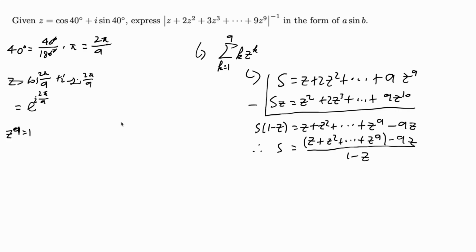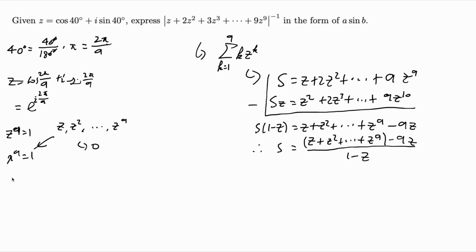Using Vieta is because if z is a root, then z squared is also a root of this. So for x to the power of 9 equals 1, z, z squared, up to z to the power of 9, they're all the roots, so when we add all of them we get 0 by Vieta's formula.